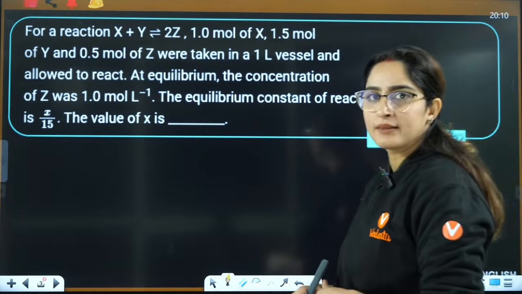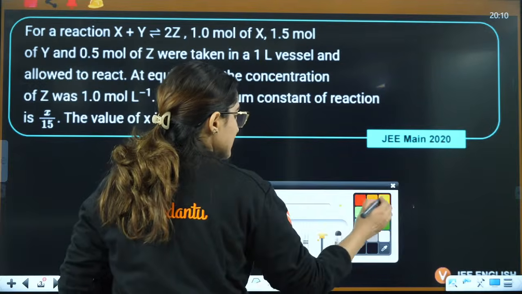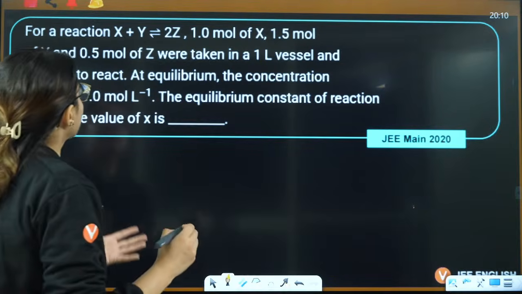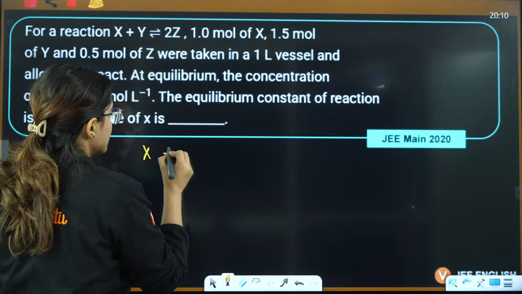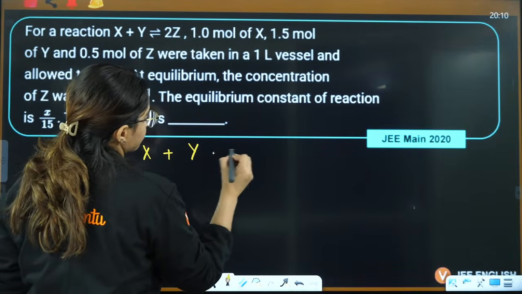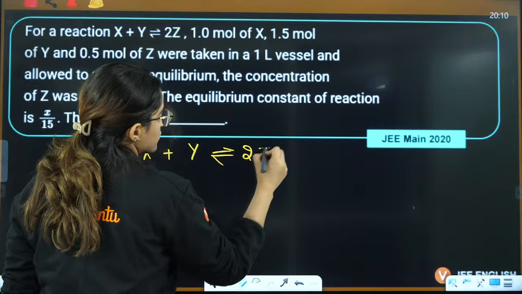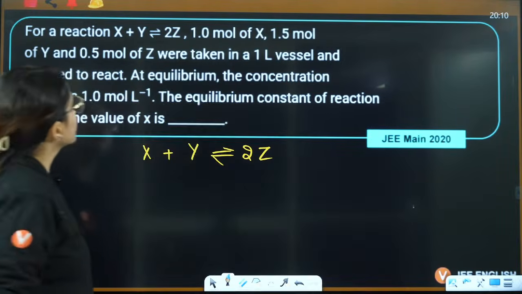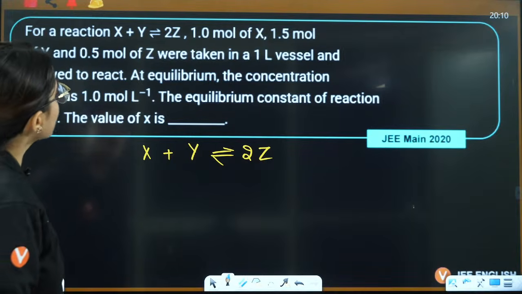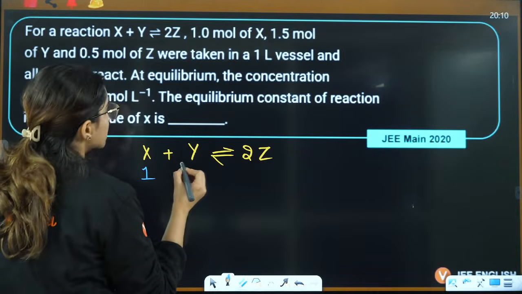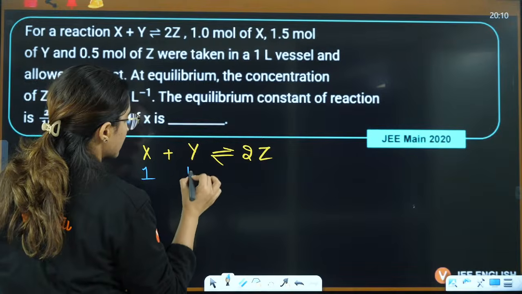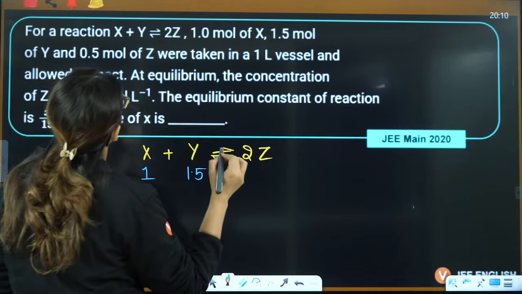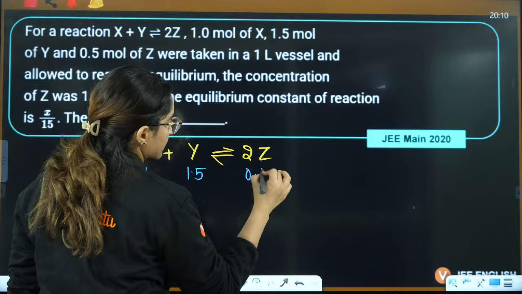Now guys, see one thing, right? Firstly, you need to understand what the reaction is, that is x plus y gives rise to 2z. What is the initial concentration here? Initial concentration here is 1, this is 1.5, right, and this is 0.5.